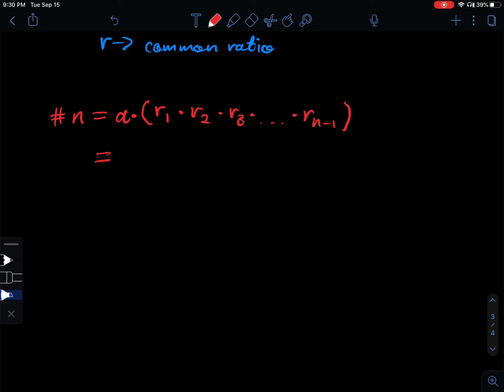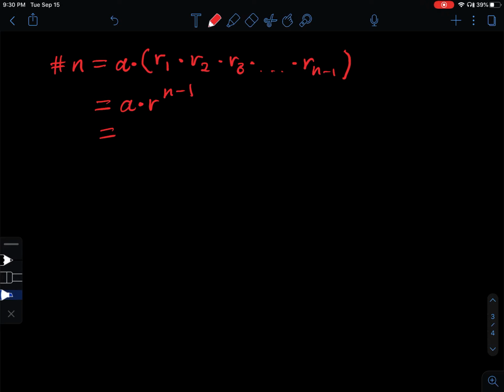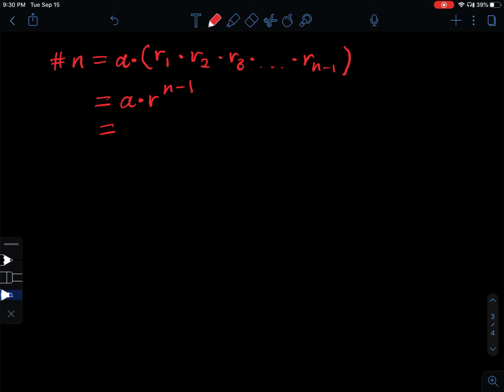Then this becomes a times r to the power n minus 1, or generally you write it without this dot in the center and just ar to the n minus 1 power. And this is the ultimate magic formula for you to find any term in a geometric sequence, right?